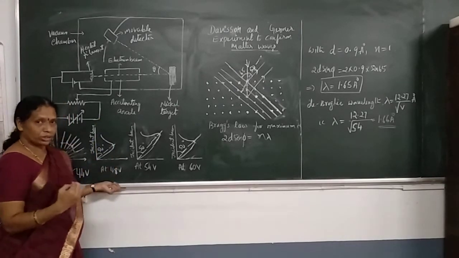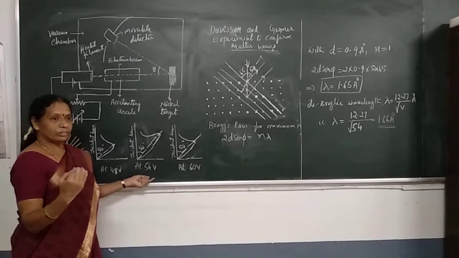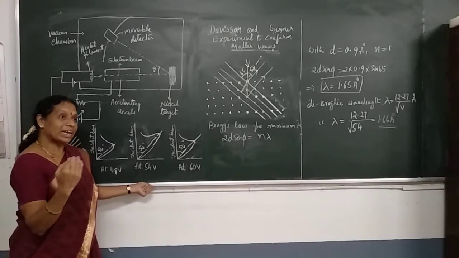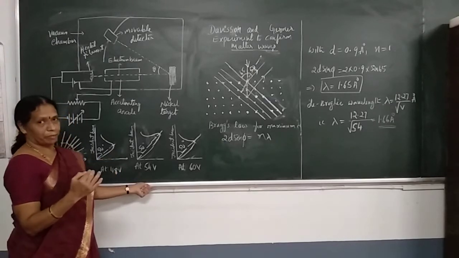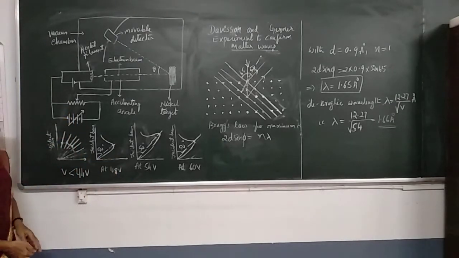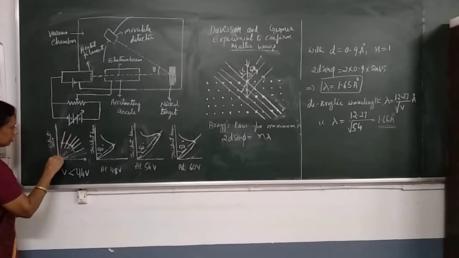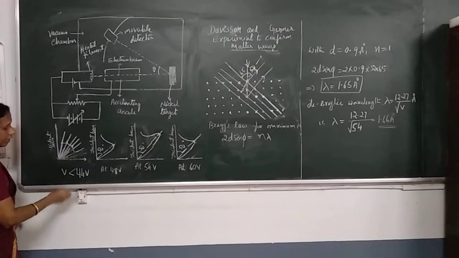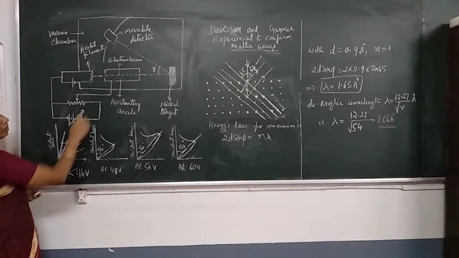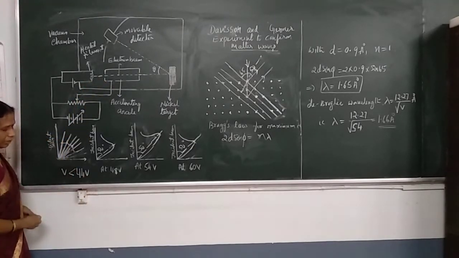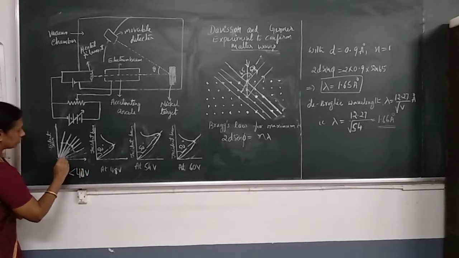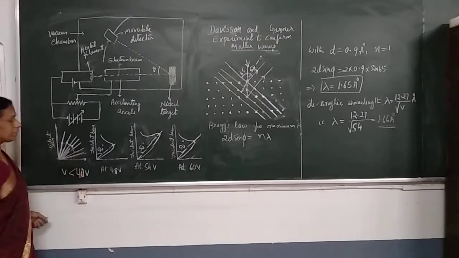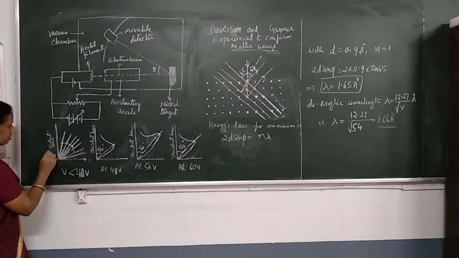The intensity or the current registered by the galvanometer will be different for different angles theta. And if this current is plotted, this is a radial graph. Here, when the potential difference maintained is less than some 40 volts, if the graph is plotted, see here this incident beam.